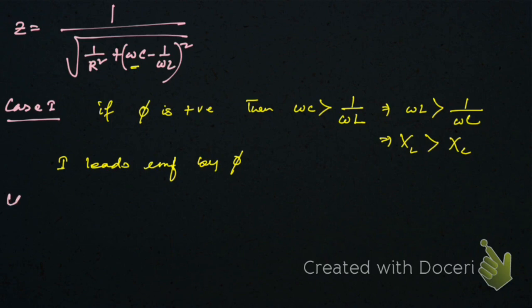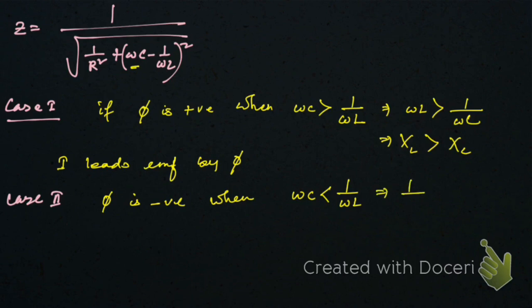Now case 2. In case 2, phi is negative, when omega C is less than 1 by omega L, and if you take reciprocals, 1 by omega C will be inverted than omega L. So here XC is greater than XL.